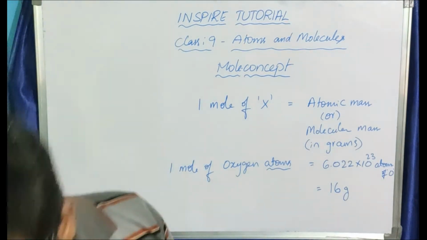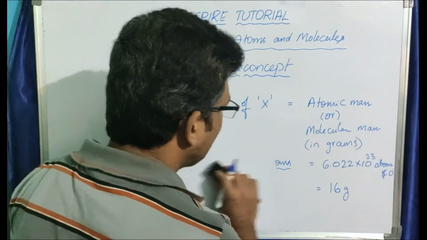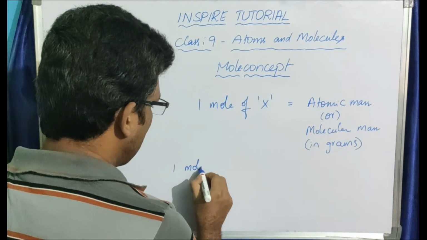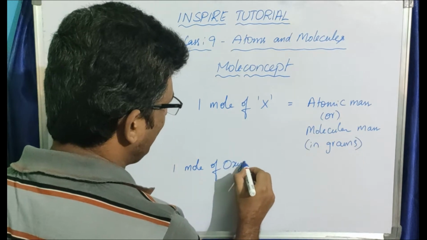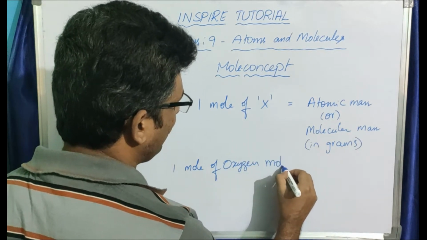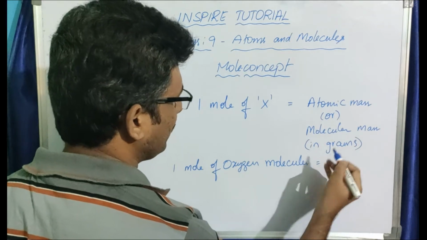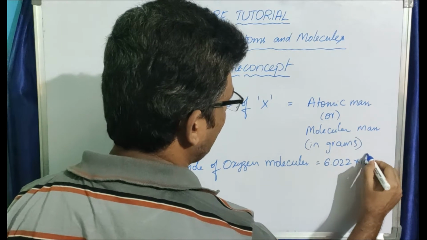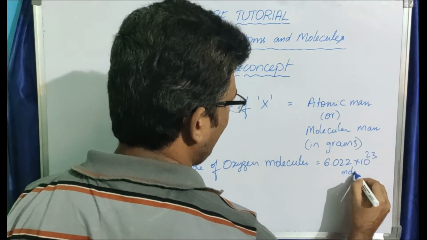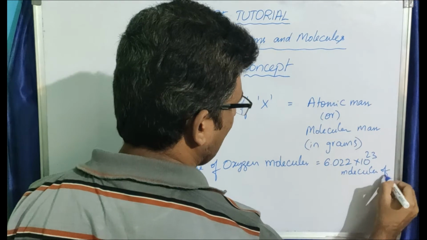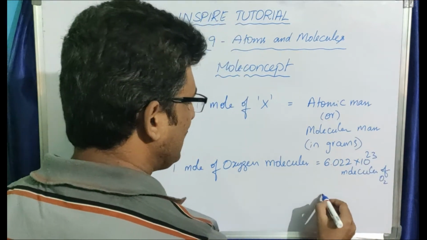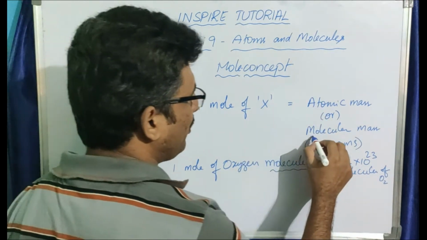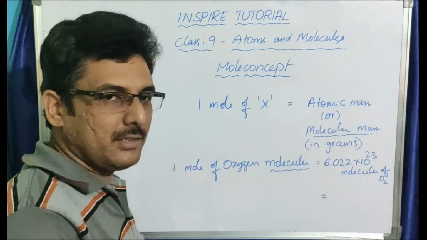Similarly, if you take 1 mole of oxygen molecules, of course that is equal to 6.022 into 10 power 23 molecules of oxygen. And its mass will be equal to, now you are talking about molecules, so this will be molecular mass. You have to take molecular mass.